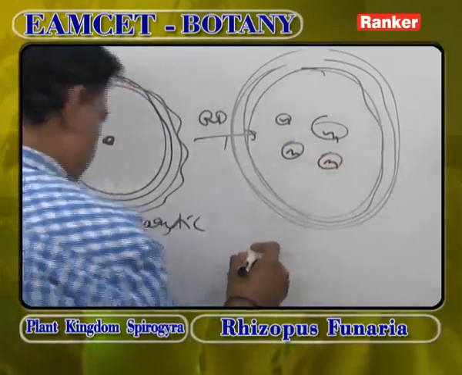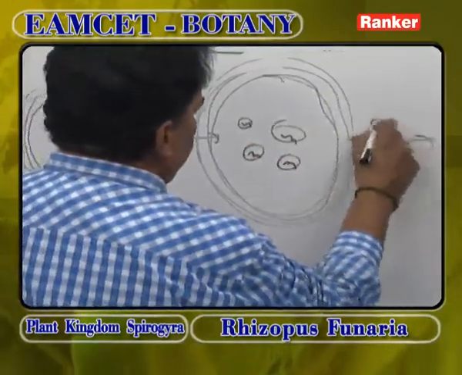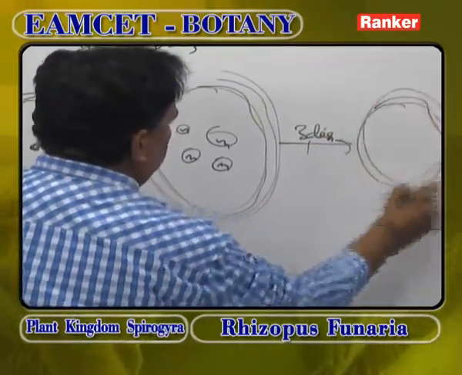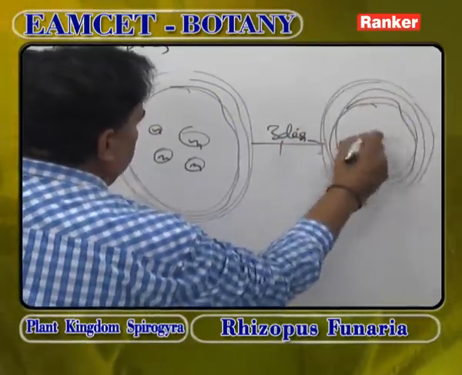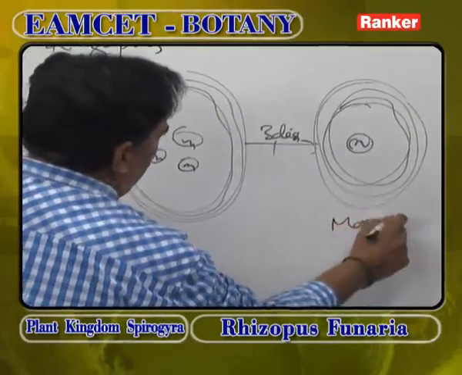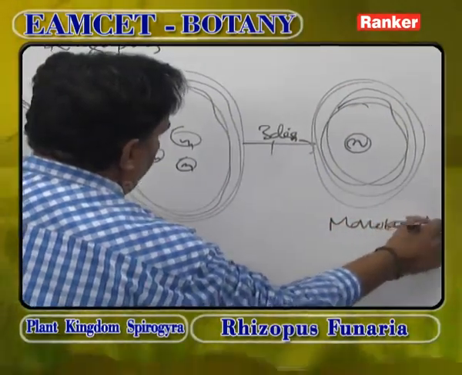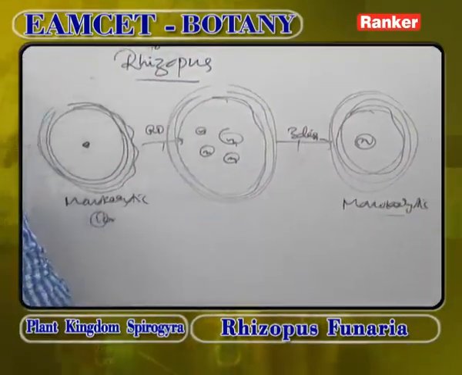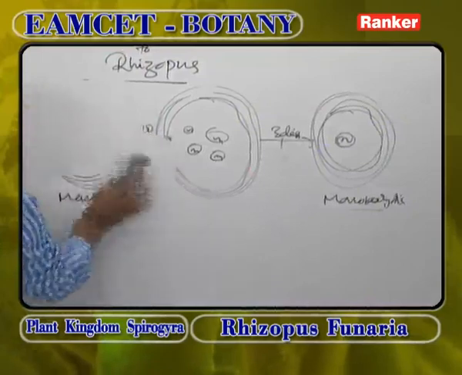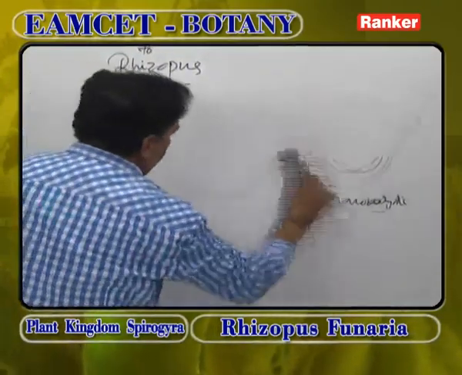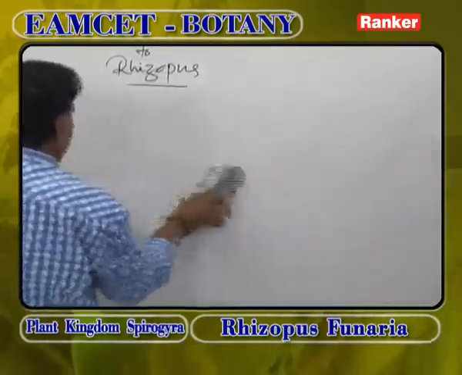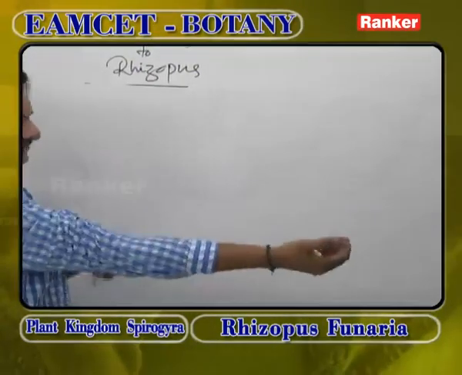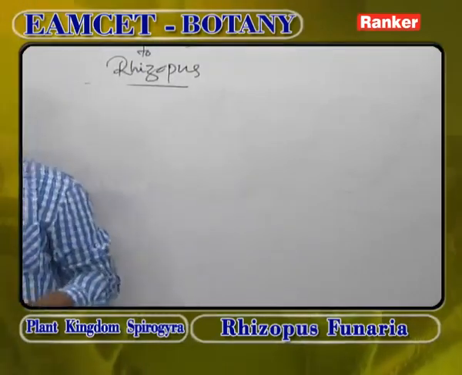So, temporary tetranucleate stage. 3 disintegrate and 1 remains functional. Again it becomes monokaryotic. So, the correct sequence of nuclear condition in the germinating zygospore of Spirogyra is first monokaryotic, then tetrakaryotic, again monokaryotic because out of 4, 3 disintegrate, 1 remains functional.